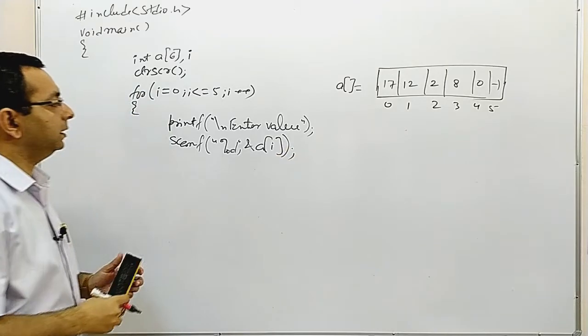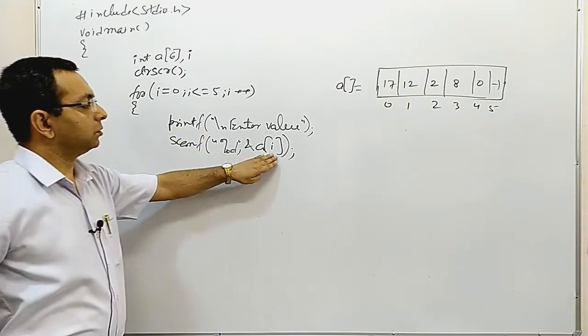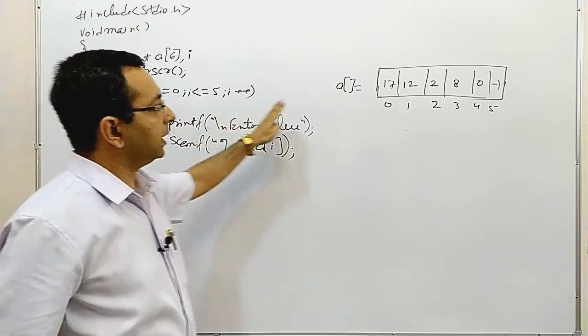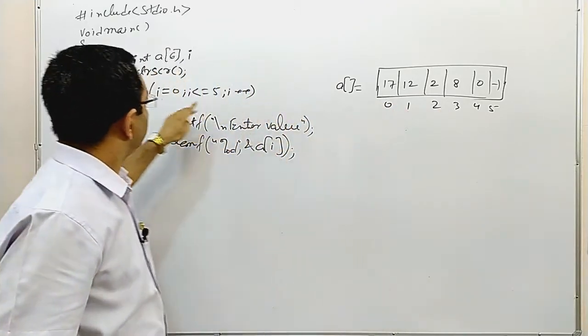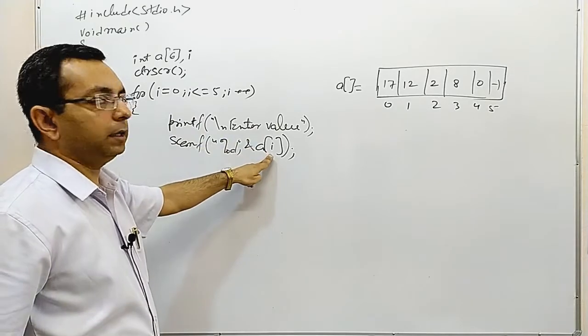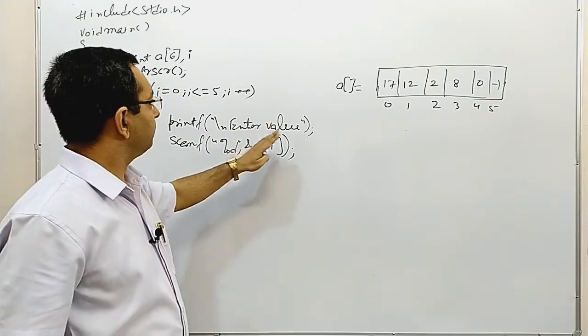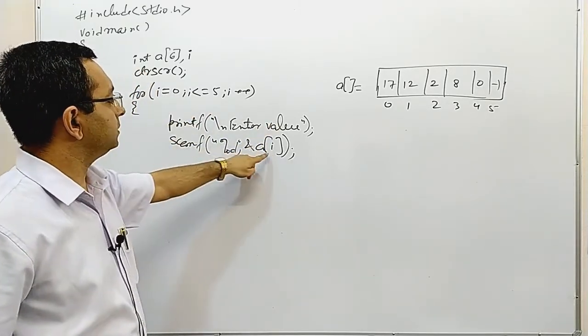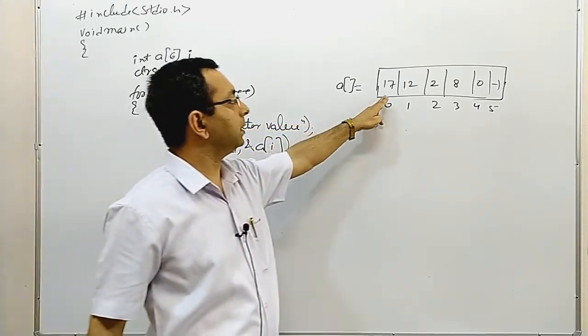So what will happen here? A[I] will store values in this array, and I will be managed by this loop. So 0 to 5 will be the index numbers, and at the first index, 0, we will store any number, maybe 17.